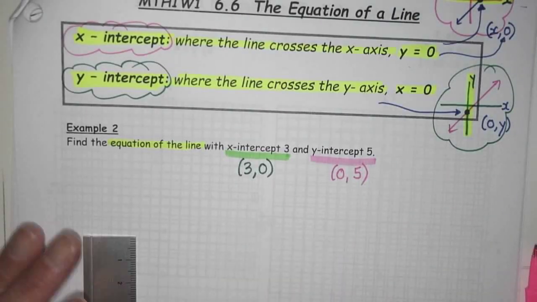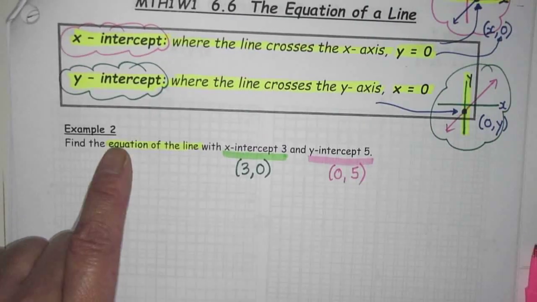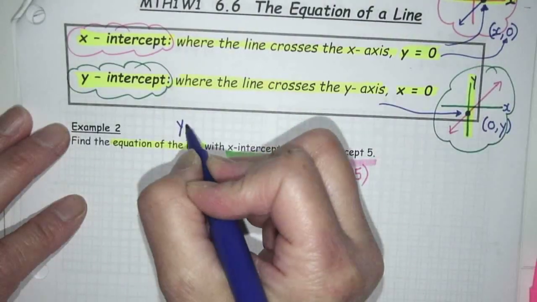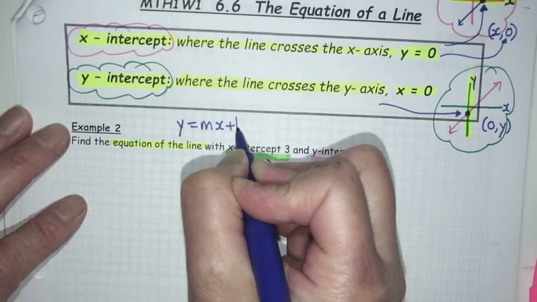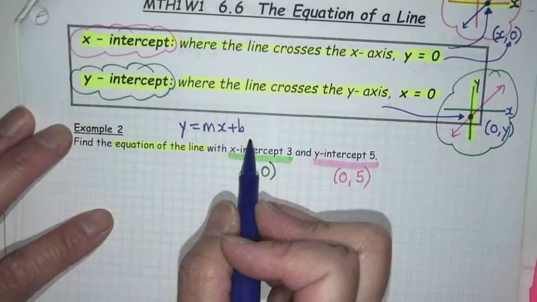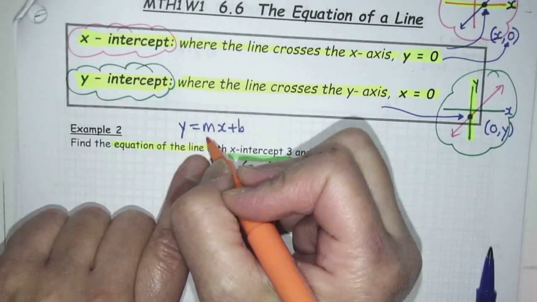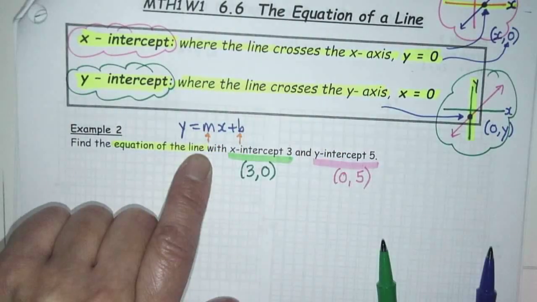These two are my two points. When you write an equation of a line, I'll remind you one more time: it's y equals mx plus b, and we're always filling in the m and the b.